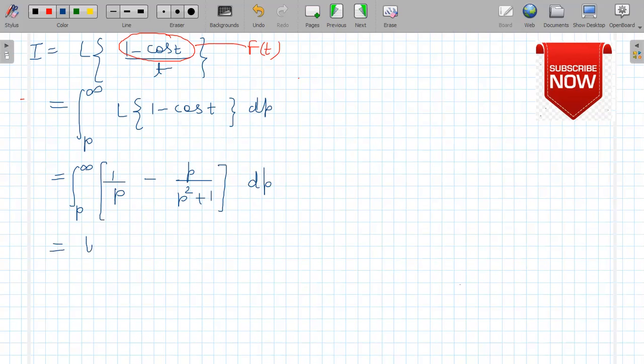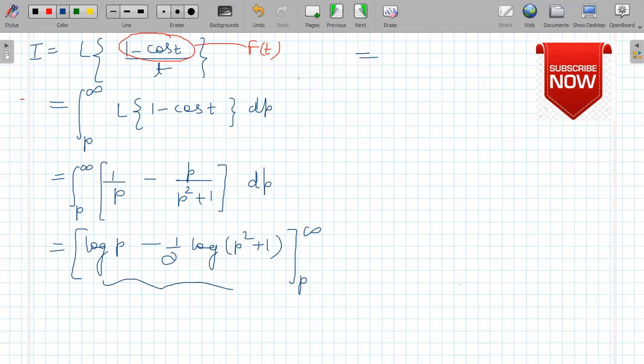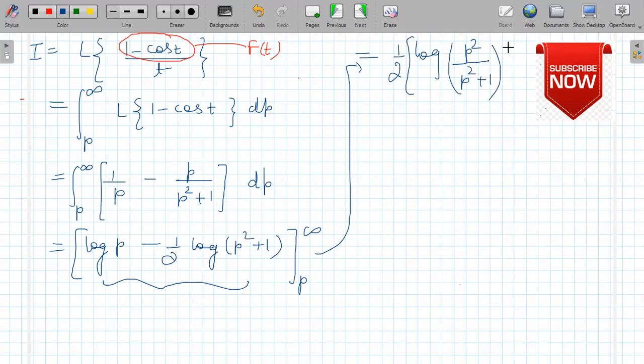We integrate this. So it is log p minus 1 upon 2 log of p square plus 1. You can combine these two terms as 1 upon 2 log of p square divided by p square plus 1 with the limit p to infinity.